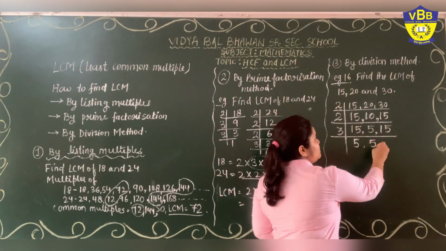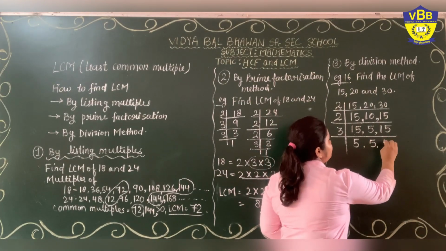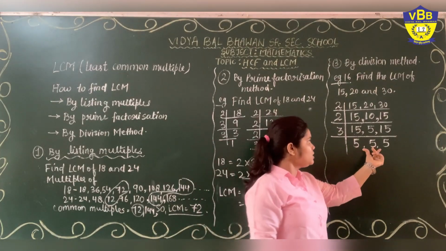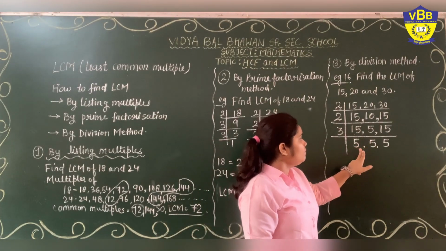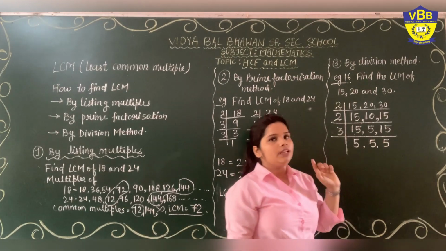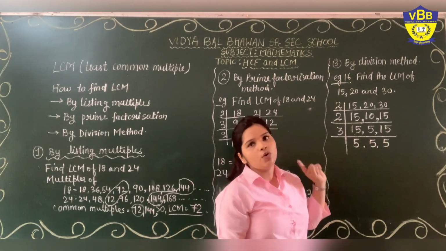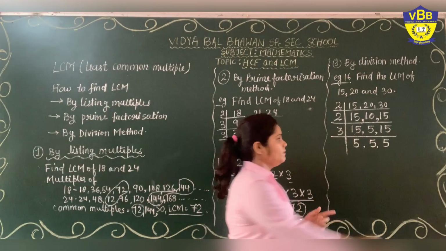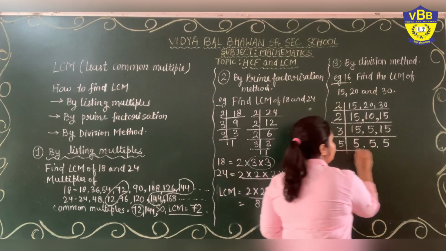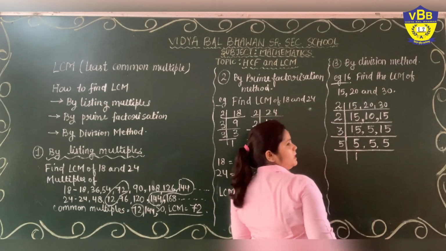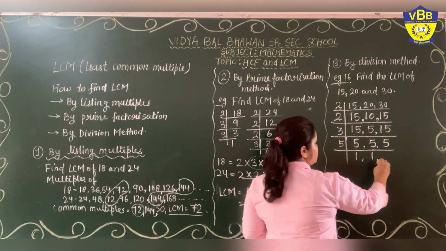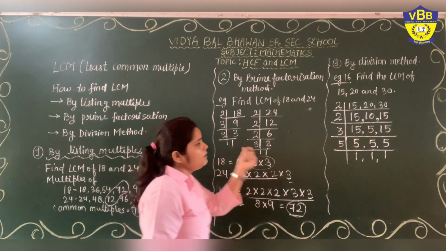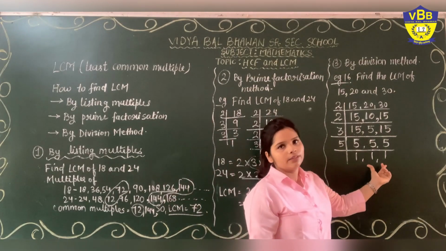Again, 15 divided by 3 is 5. Now we have 5, 5, 5, and none is divisible by 2 or 3. The next prime number is 5. 5 is divisible by 5 one time each, so at the end we get all 1.